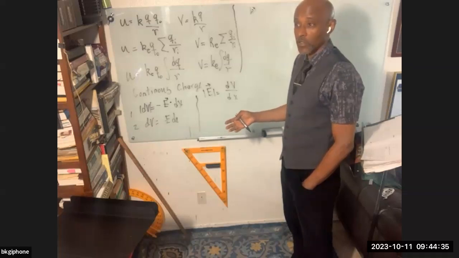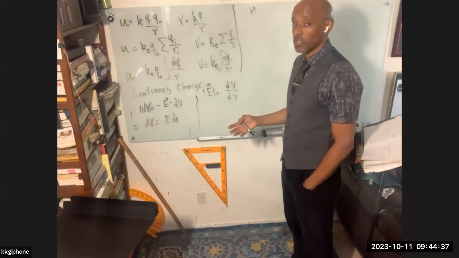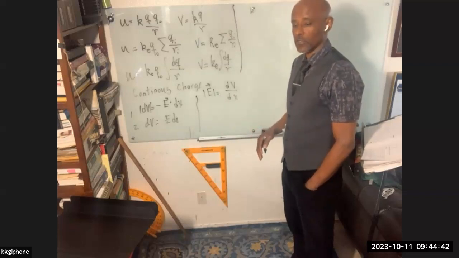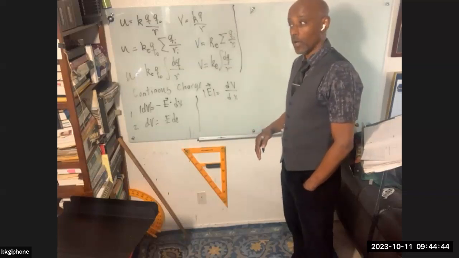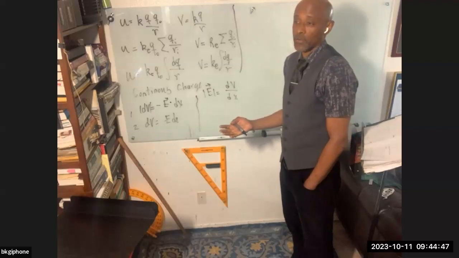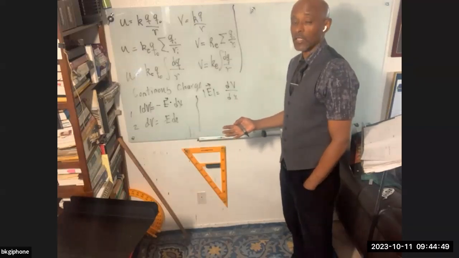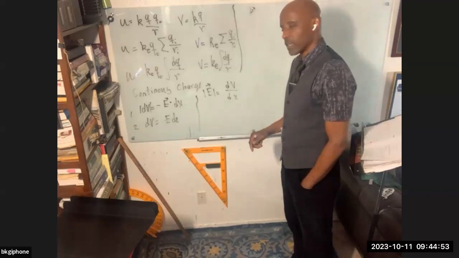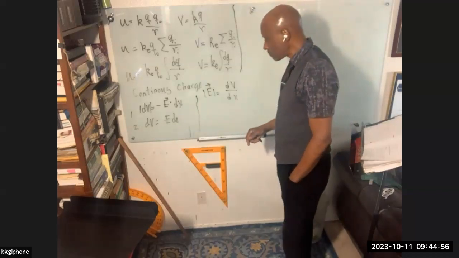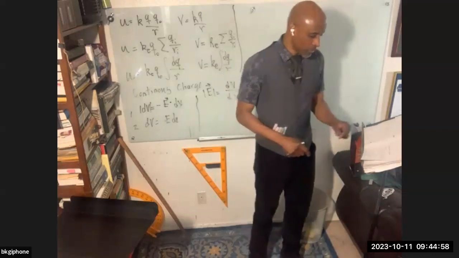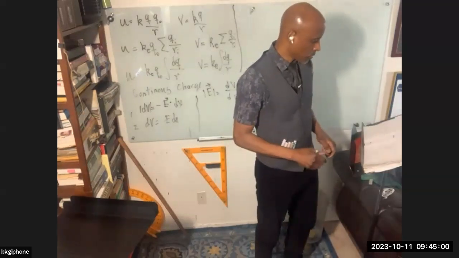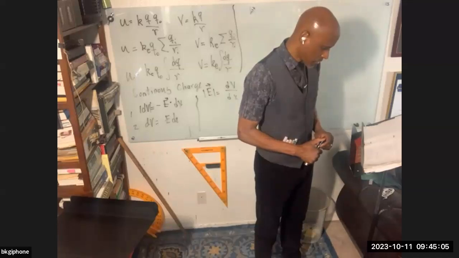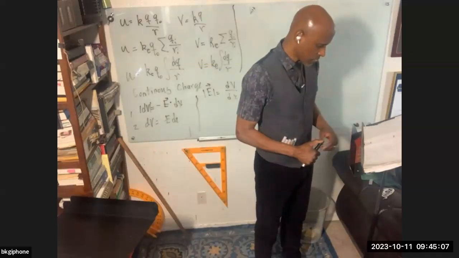Sometimes it is, but still it can be easier with a lot of charge distributions to do that, as opposed to calculating the electric field directly from Coulomb's law in cases where we don't have high symmetry and we cannot use Gauss's law. So it's something that we do. What I want to do is calculate the electric potential for a ring of charge, and then a disk of charge.